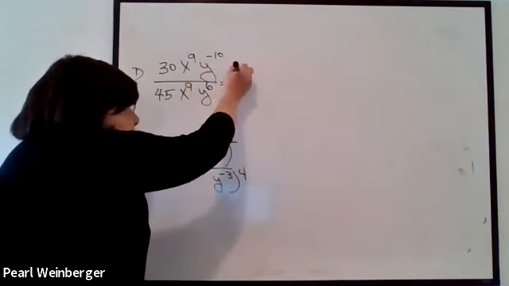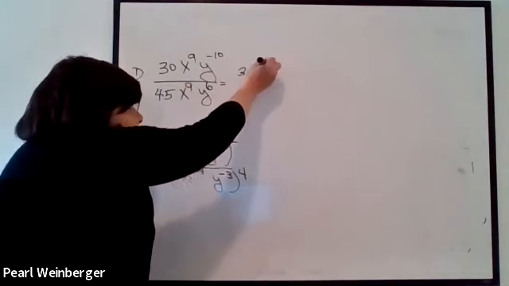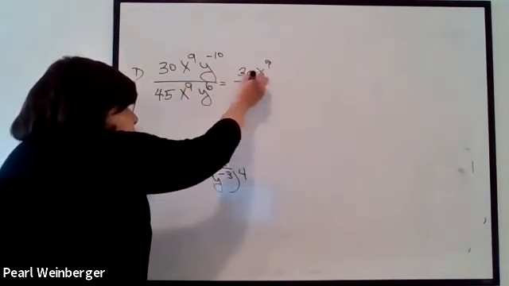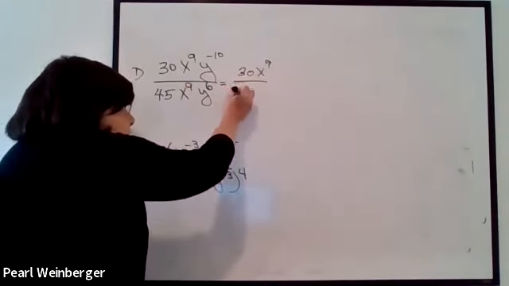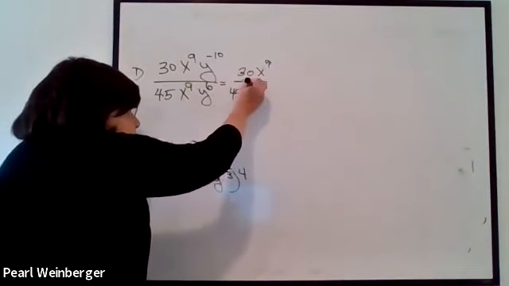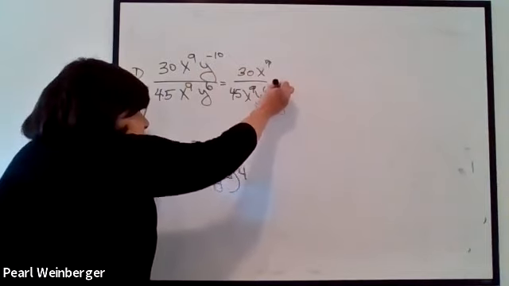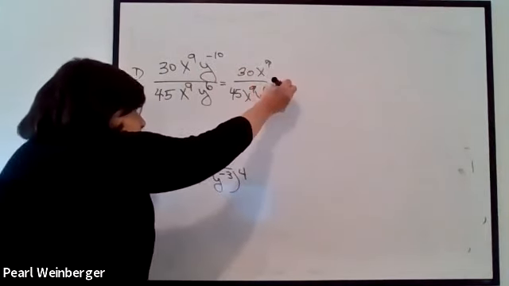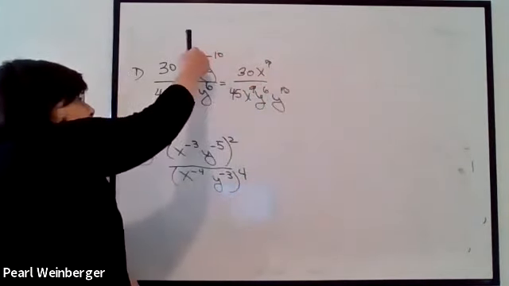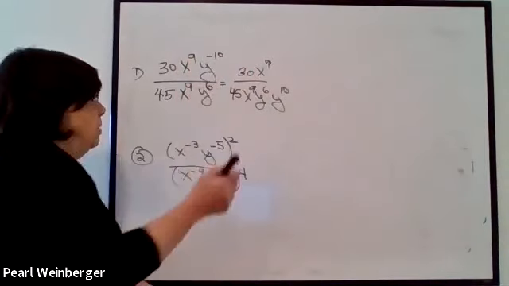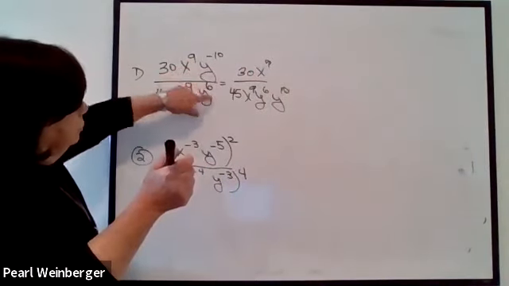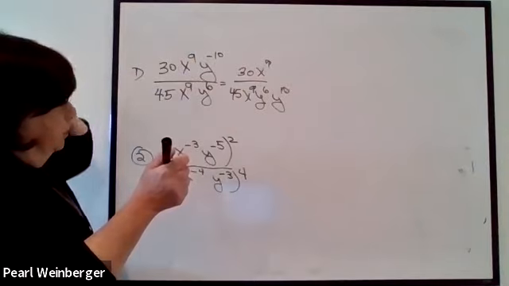So that would make this 30x^9 on top, 45x^9 y^6, and y^10 in the bottom. In other words, we take this y to the -10 and just move it to the bottom.